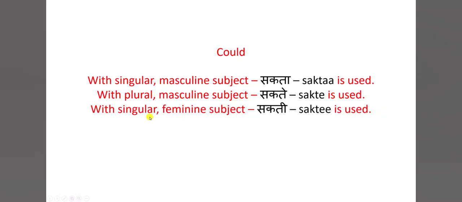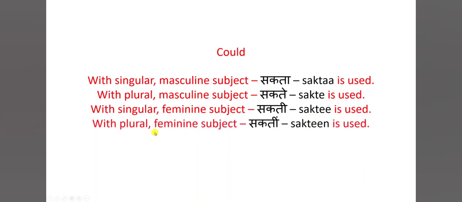If the subject is feminine and singular, sakti is used, and if the subject is feminine and plural, sakti is used. Okay? Along with these, we use a be verb representing the tense. Alright? Now this is similar to can.